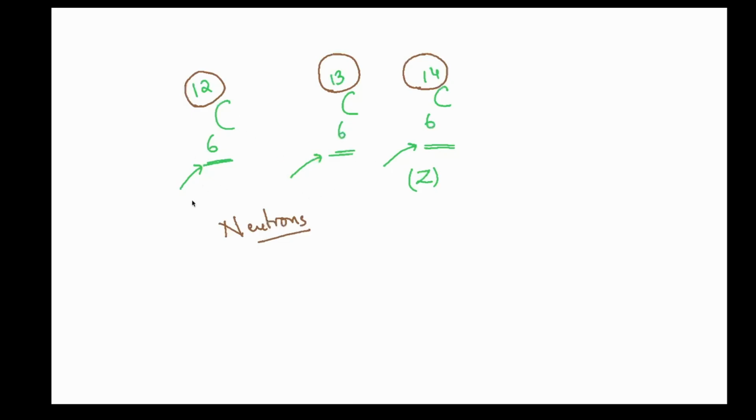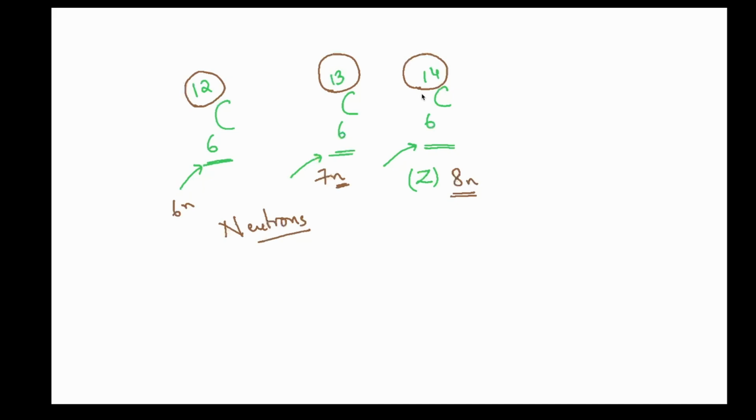This one has 6 neutrons, this has 7, n refers to neutrons, and this has 8 neutrons. Always remember the total number of protons will be the same, and that is equal to the atomic number. So these 3 forms of carbon only differ in the total number of neutrons. That's why their mass numbers are different.